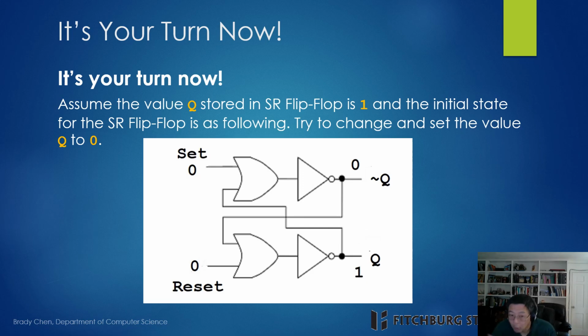Or sometimes we don't even know what value is stored in the flip-flop. So we want to say, okay, I want to set the value Q to 0. I don't care what the value is right now. So what can we do? Okay, that's your turn. I'm going to again post these questions on the Blackboard discussions, so you can discuss the problem, discuss your solution, and then we'll go from there.